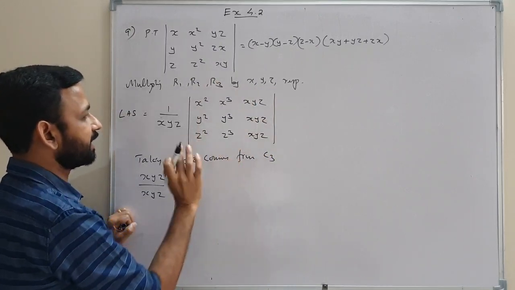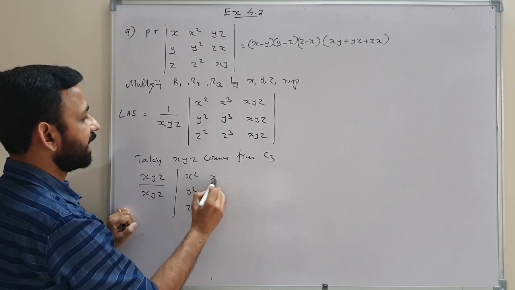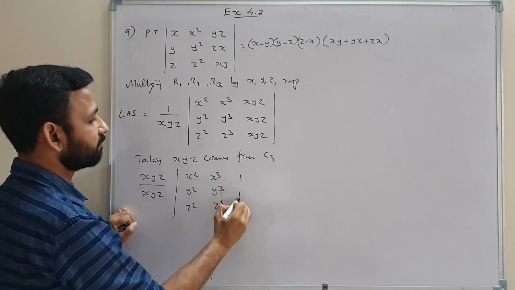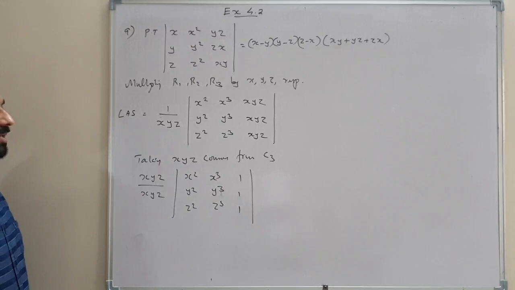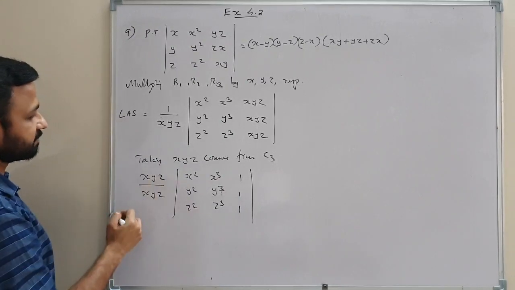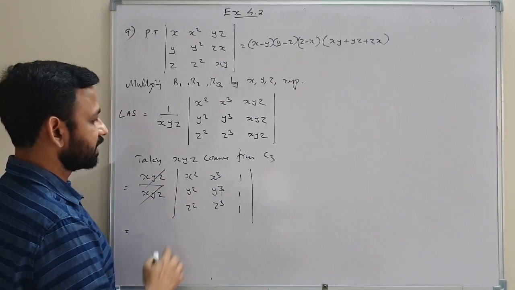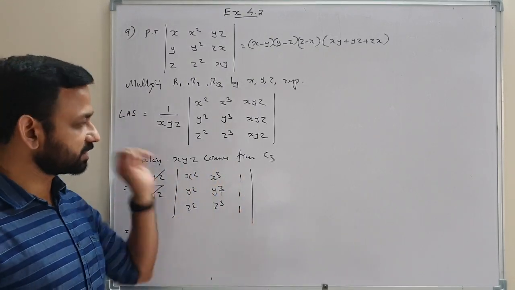C1 and C2 are the same: x square, y square, z square; x cube, y cube, z cube; then 1, 1, 1. Now xyz and xyz cancel, so we will get this determinant, and we need to make two zeros here.